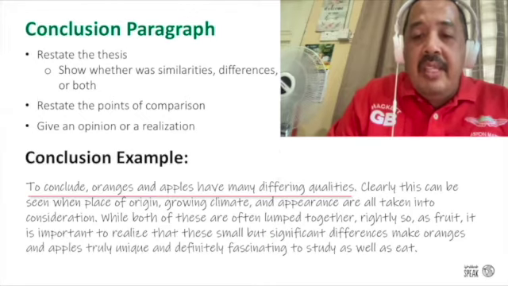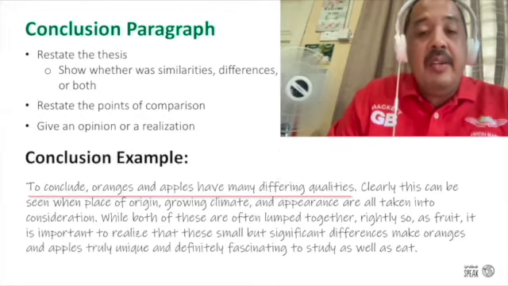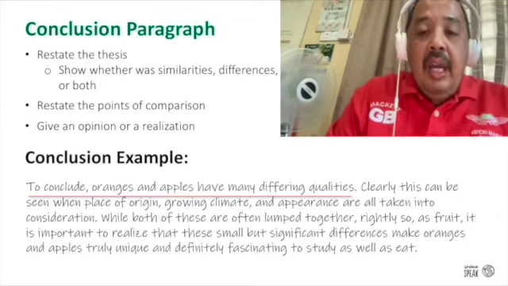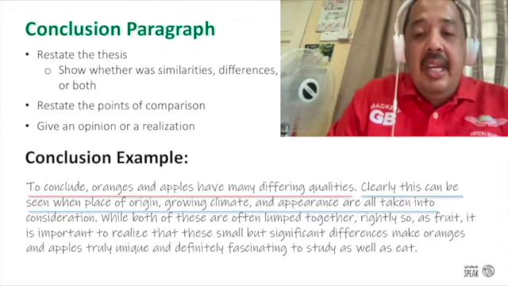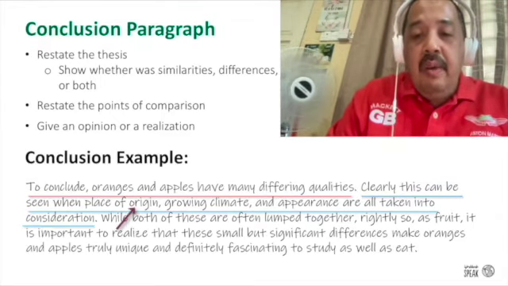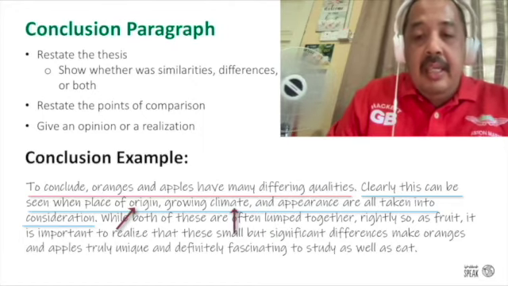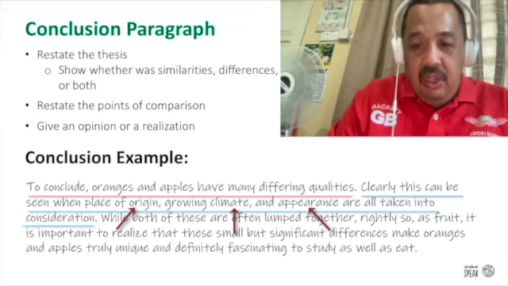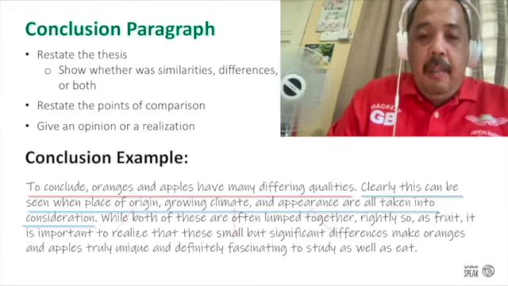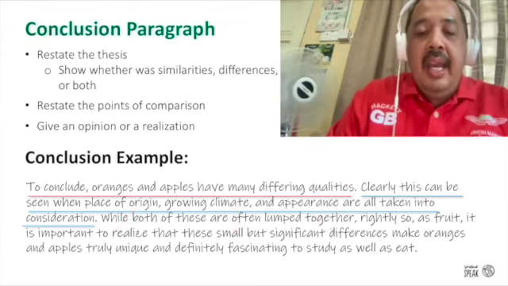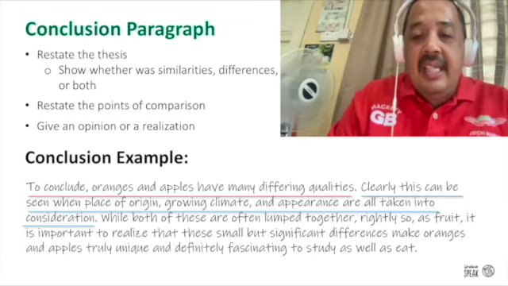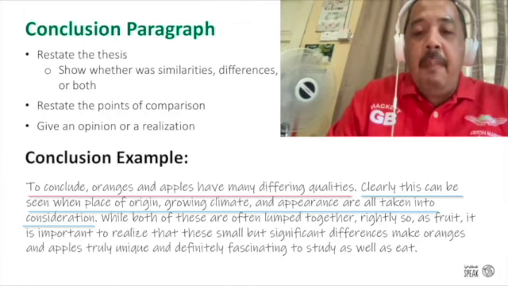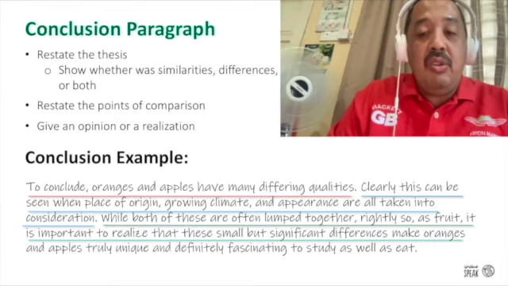And then I mentioned that you can restate or talk about the points of comparison again. I wrote, "Clearly, this can be seen when the place of origin, growing climate, and appearance are all taken into consideration." I just touch upon each point of comparison in the second sentence, and lastly, I'm going to have some opinion or realization about these two things.